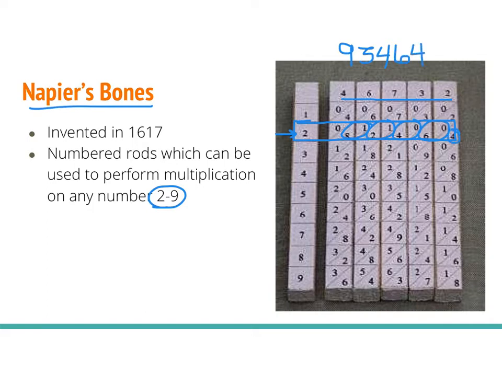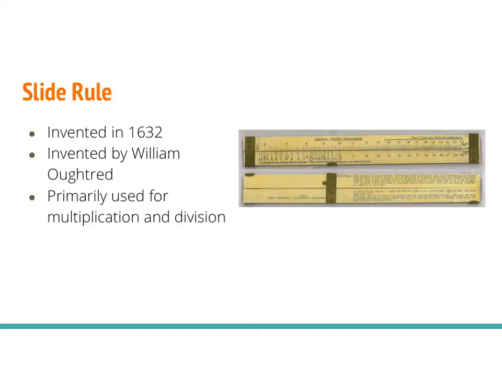So what that tells us is that 46,732 times 2 is equal to 93,464. And if you do that on your calculator, you'll discover that it is correct. So Napier's bones were used to do some fairly complex multiplication back in the 1600s.